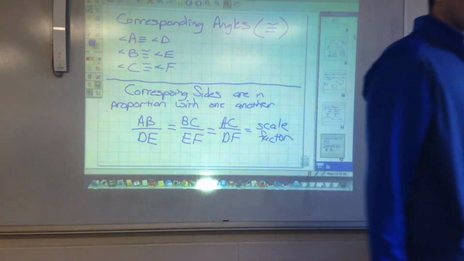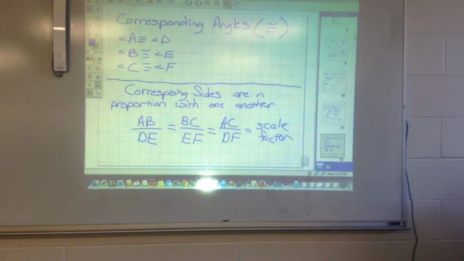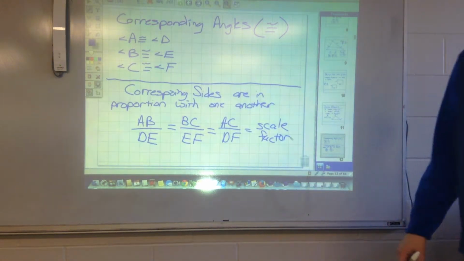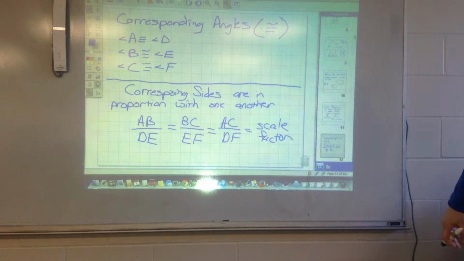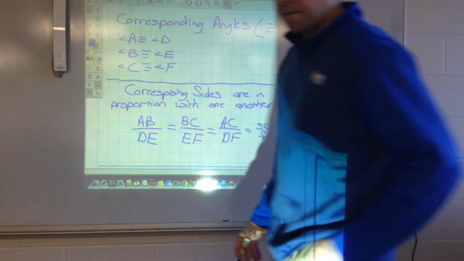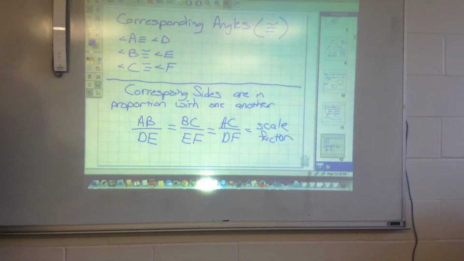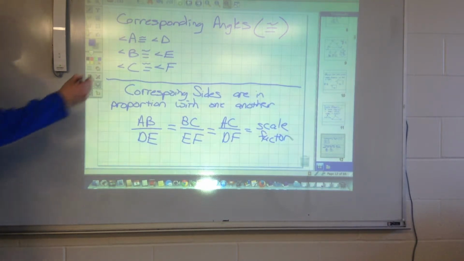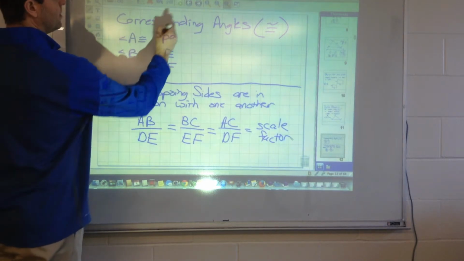Okay, whatever number those end up equaling, that is called the scale factor. Okay? We'll do one example here together.